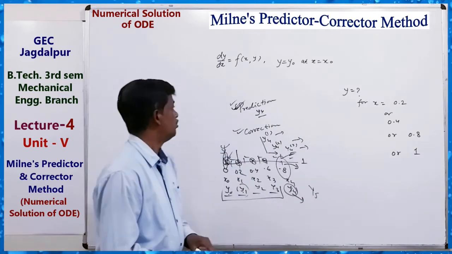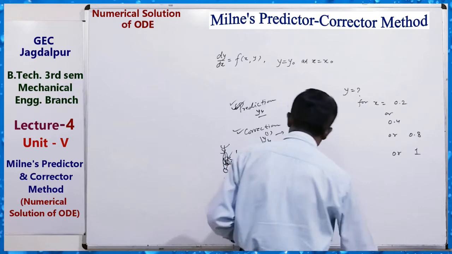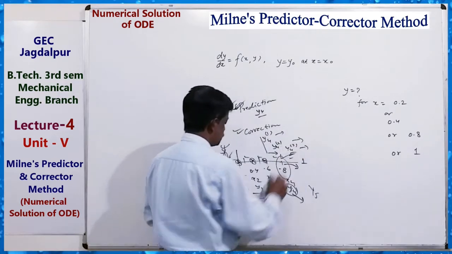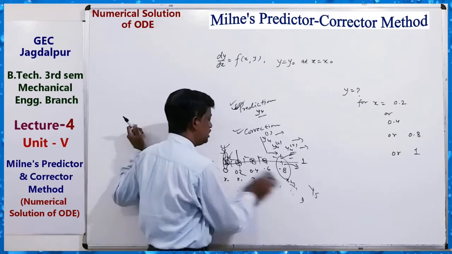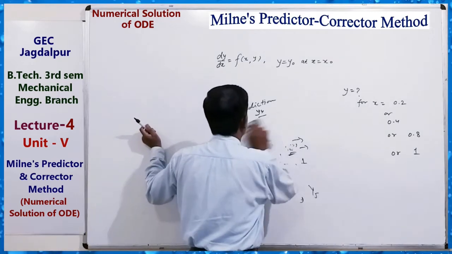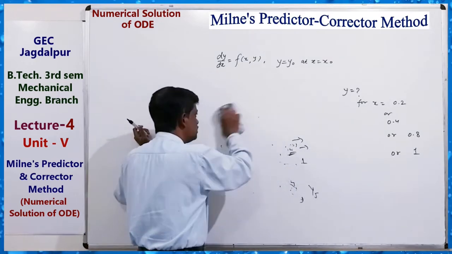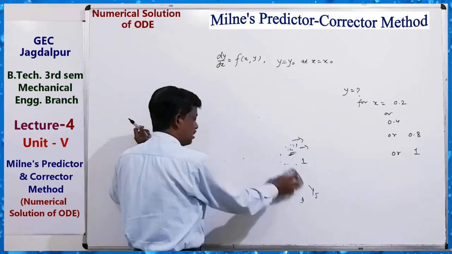Now I will discuss Milne's prediction-correction formula. These three values can be found by any of the methods; generally the Taylor series method is used. You can also use Picard's method, Euler's method, or Runge-Kutta method.